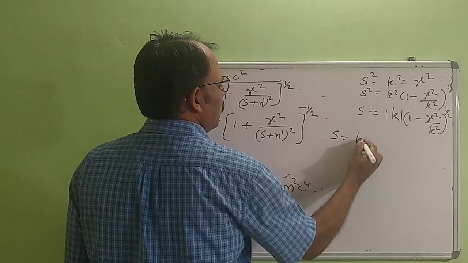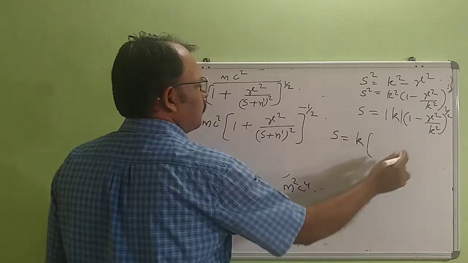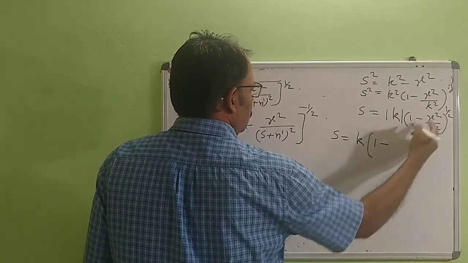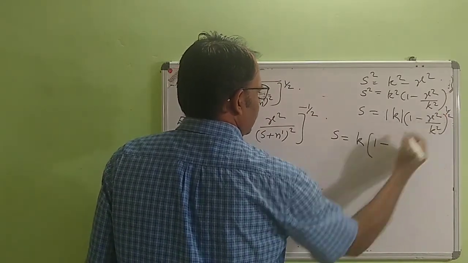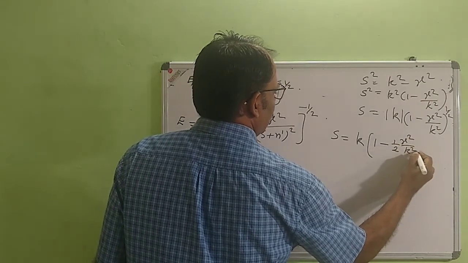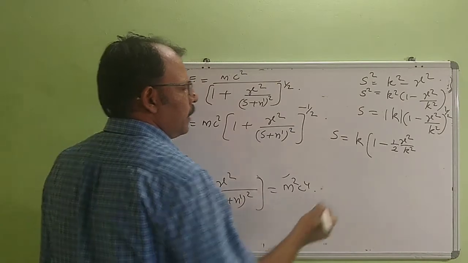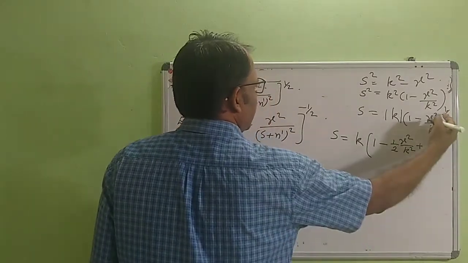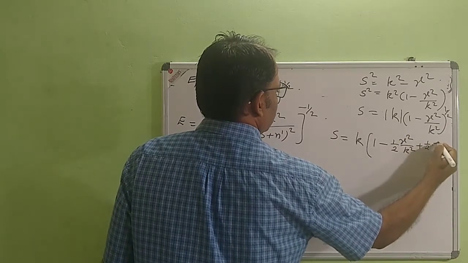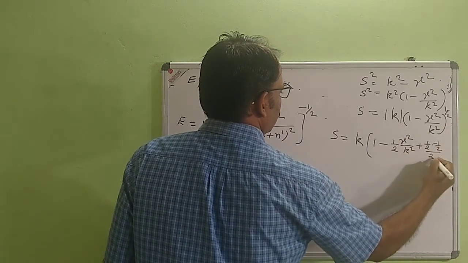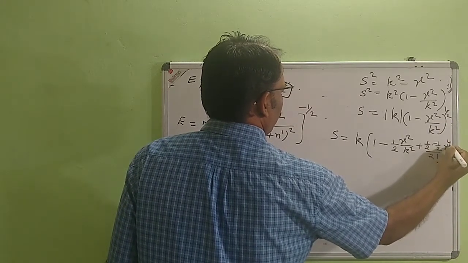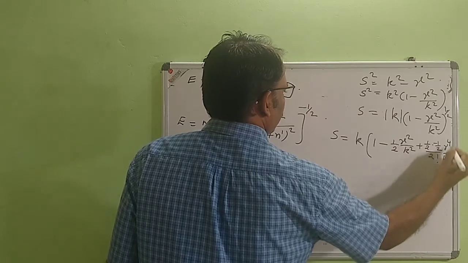Or we can write s is equal to mod k into, expanding this using binomial theorem, 1 minus, n is 1 by 2, 1 by 2 gamma square by k square, plus n into n minus 1, 1 by 2 into 1 by 2 minus 1, by 2 factorial, into square of this one, gamma raised to 4 by k raised to 4.